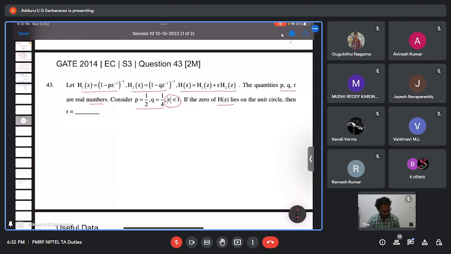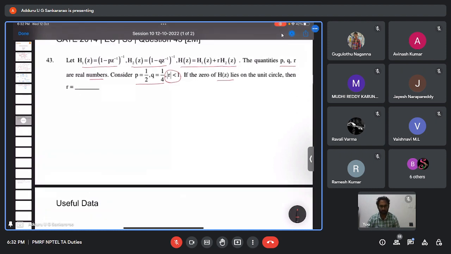Now so H1 of Z and H2 of Z is given, so we need to find out H of Z. So H of Z is H1 of Z, which is this one, plus R into H2 of Z. H2 of Z is 1 minus Q Z inverse power minus 1.